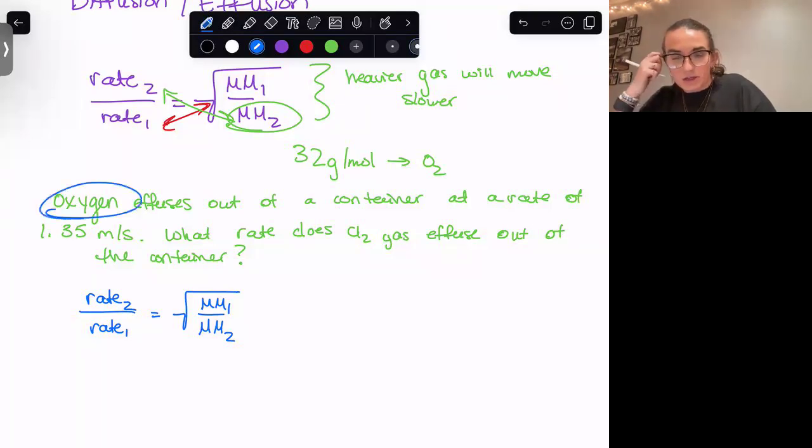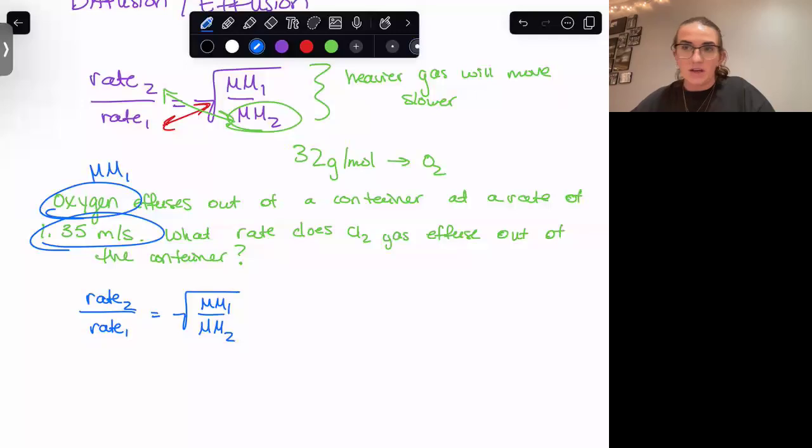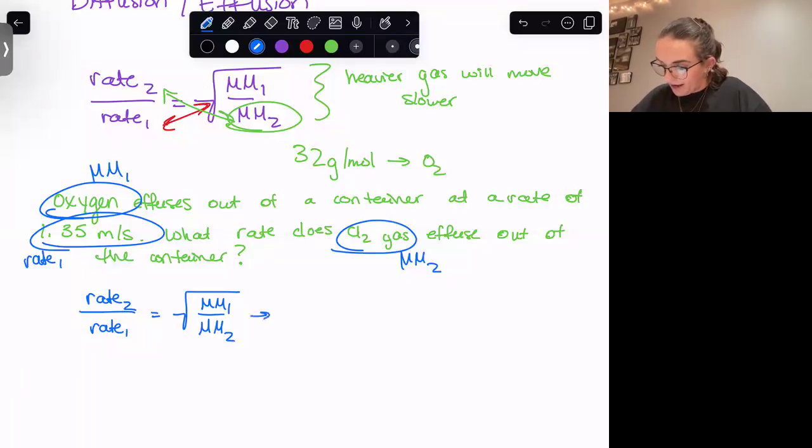Oxygen is what we're going to be looking at first, so I'm going to call this molar mass 1. And this is the first rate I'm given, for oxygen. This is going to be rate 1. Chlorine gas is my second thing that I'm given, so this will be molar mass 2. So I'm looking for rate 2. So I have X over 1.35 meters per second.